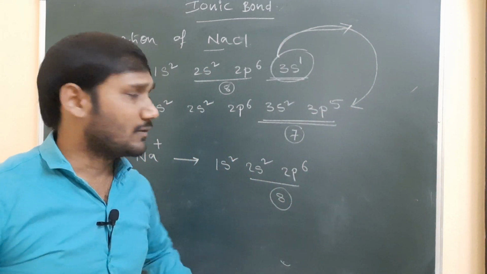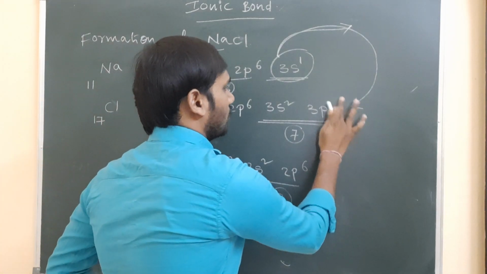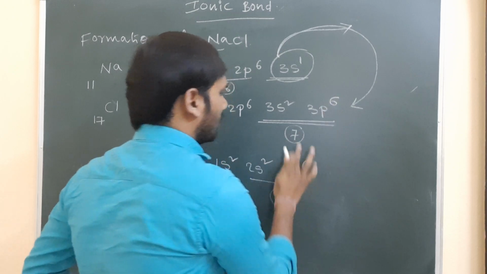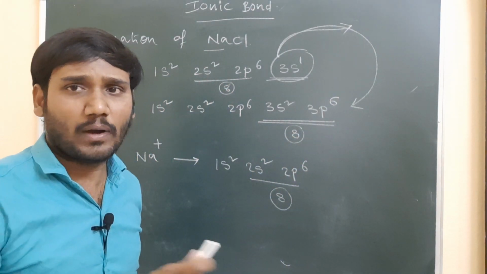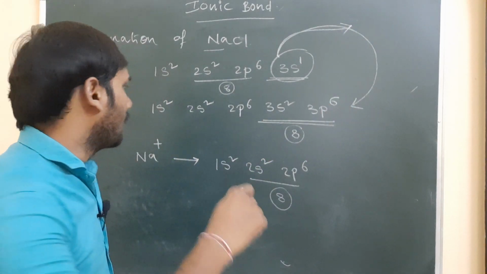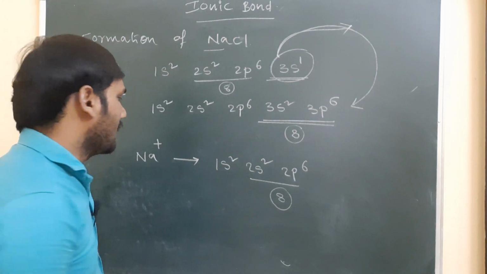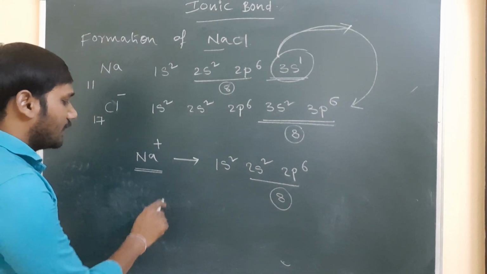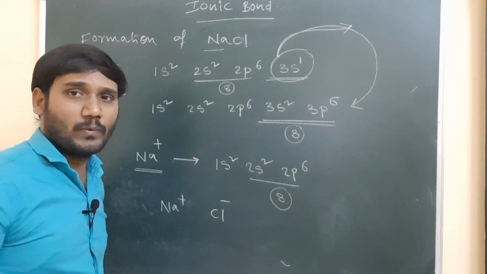Now the valence shell of chlorine, 3s2, 3p5, becomes 3s2, 3p6: 7 electrons previously, now 8, because chlorine is gaining 1 electron. Now when chlorine gains 1 electron, the charge is Cl minus. Here, sodium losing 1 electron converts to Na plus, and chlorine gaining 1 electron converts to Cl minus.